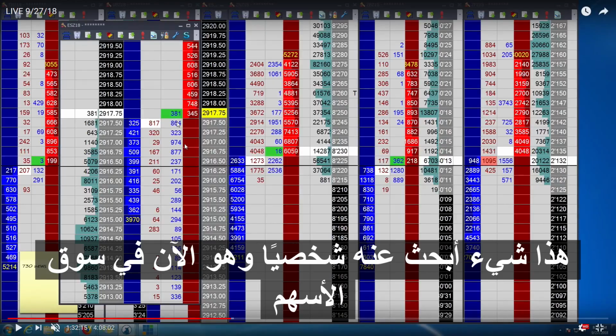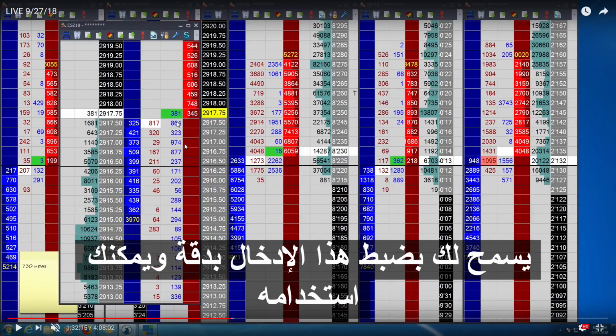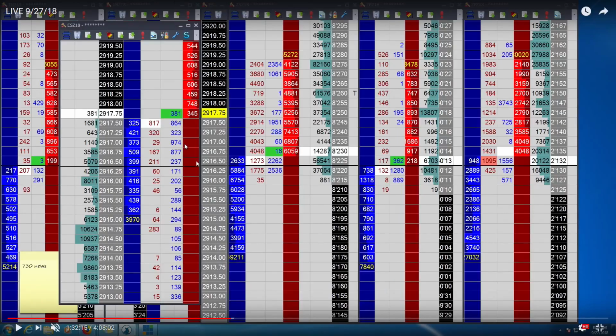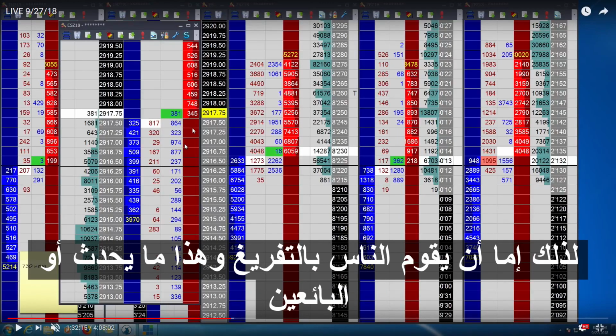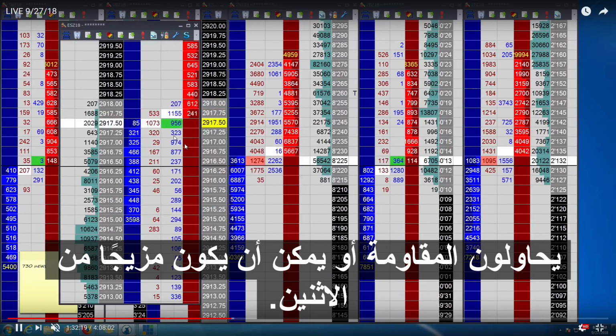In the stock market, you maybe want to do more long-term swing trading, but this allows you to really precisely fine-tune that entry, and you can use technical indicators to help you figure out where that's going to be. So either people are unloading, or sellers are trying to fight back, or it could be a combination of both.